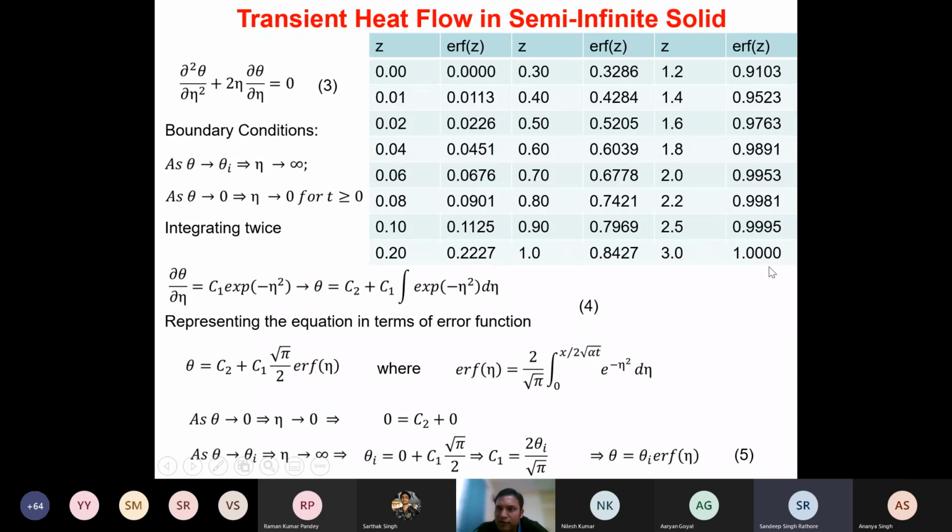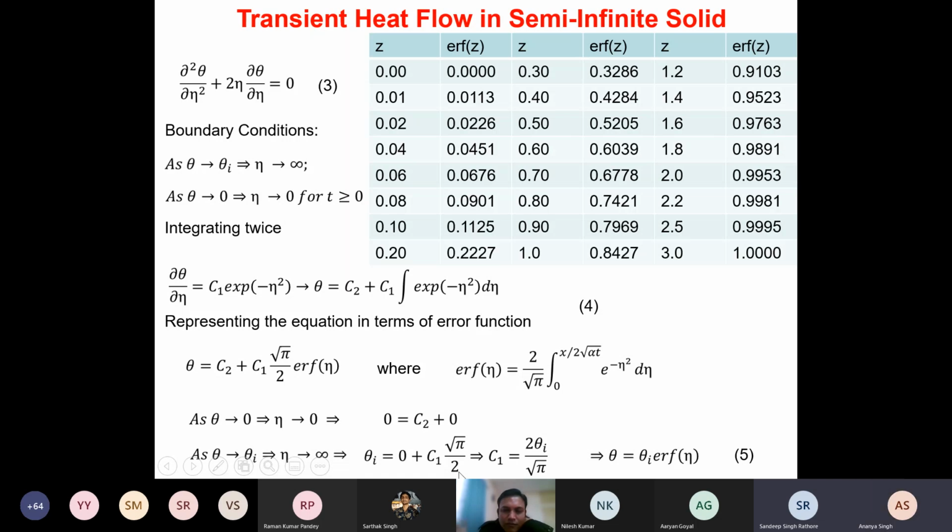For any infinite value of z, the error function of z is just 1. So my second boundary condition gives theta equals theta I. c2 is already 0, and this error function becomes just 1, so I can calculate c1. c1 is given as 2 theta I divided by under root pi. Do you all agree?